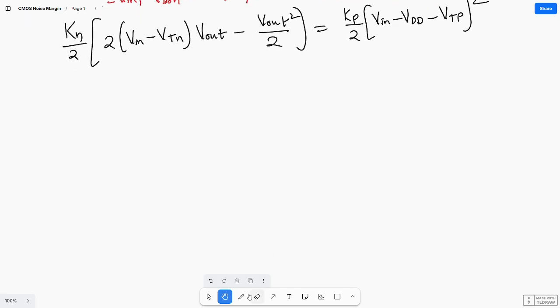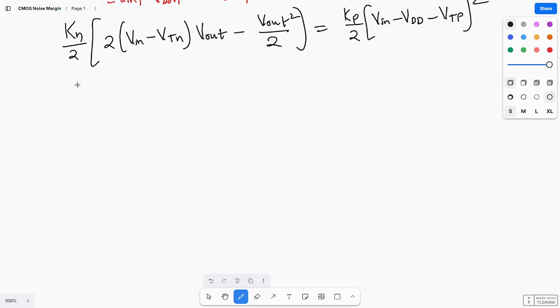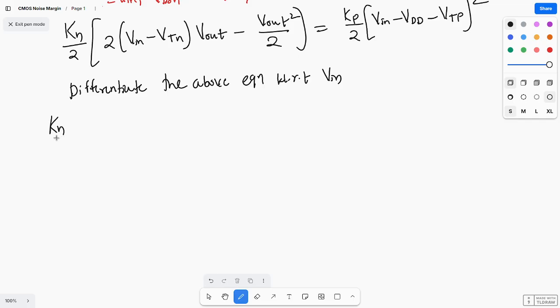If you differentiate this equation with respect to Vin, we get Kn by 2 into 2 (Vin minus VTN) dV out by dV in.